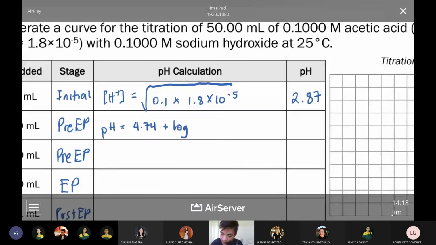Zoom in ko ha. Ano nasa taas? MTVT, black yung MT ko. So, 0.1 molar times 10 ml. Nasa baba ko ay MAVA minus MTVT: molarity analyte, volume analyte. So, that's given as 0.1 times 50, minus the numerator.